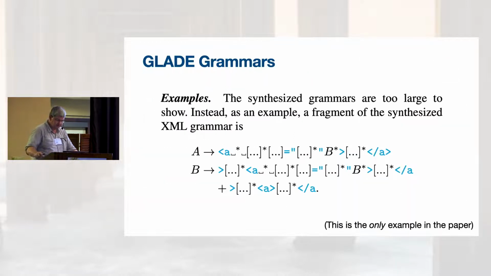One thing, however, that was a bit complex when we got access to the paper was that we wanted to know what these grammars actually look like. What is their structure? There's just one single example in the paper of what a grammar would look like, since the synthesized grammars are too large to show. This is an XML example.